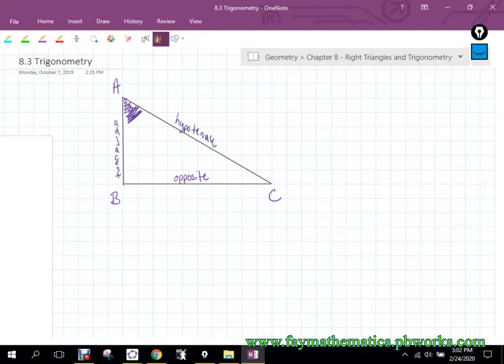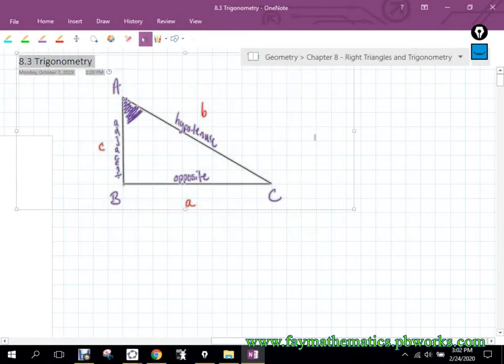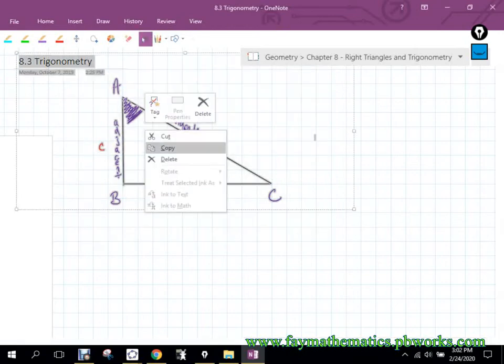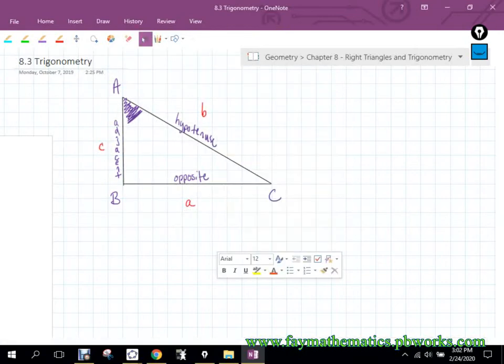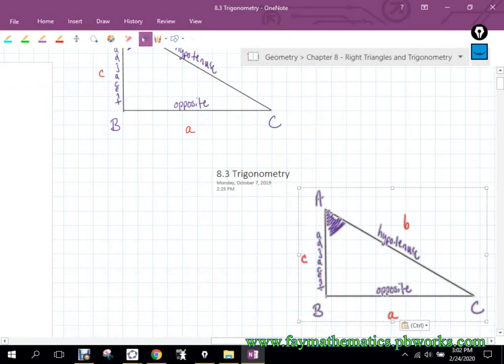Okay. Just to make things a little bit easier, I'm going to call this lowercase a, lowercase b, lowercase c. That's usually the way when we get into trig that we start naming side lengths of triangles.